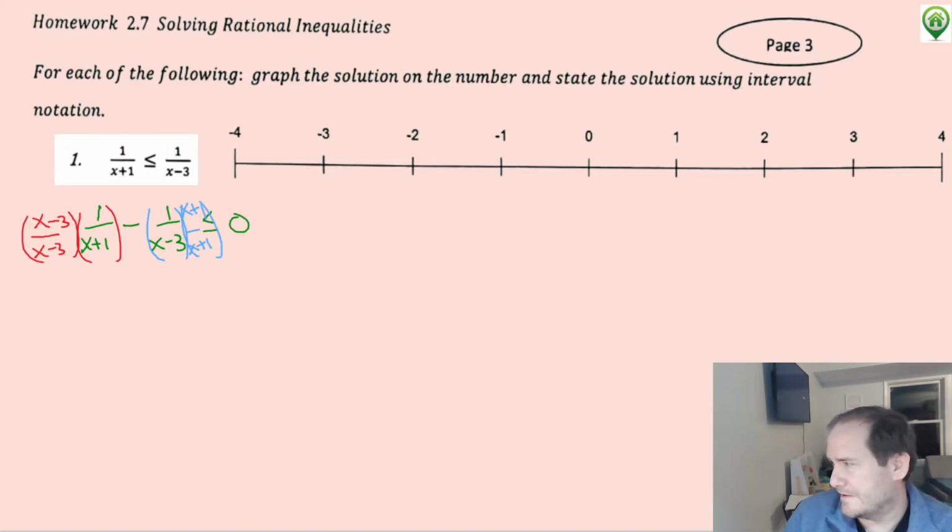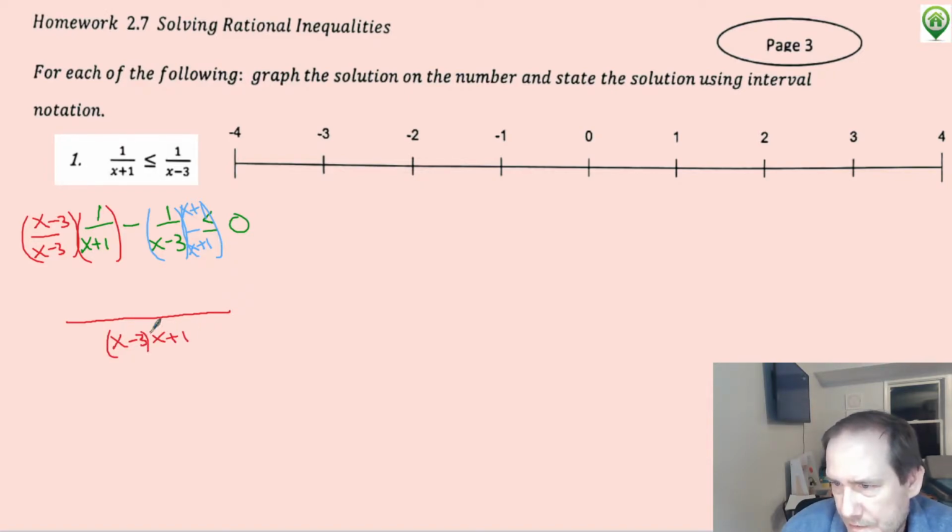And that's getting a little messy. That's okay. So what do we got? We're going to have one big fraction that has x minus 3 and x plus 1 in its denominator. In its numerator, we've got an x minus 3. And then we've got a negative 1 that would distribute in here too, so it'll be minus x minus 1.